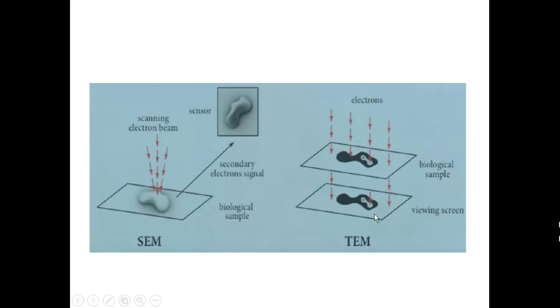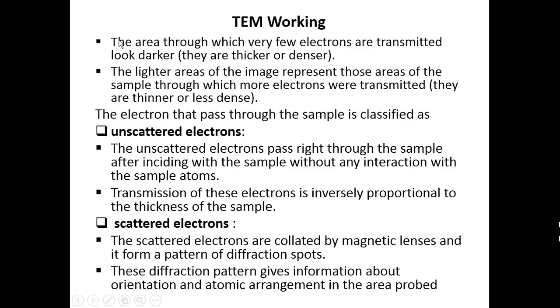Now we will see that the area through which very few electrons are transmitted looks darker. An area through which very few electrons are transmitted is somewhat thicker, that is, darker, and those areas are usually denser or thicker areas. That is why electrons cannot penetrate them completely. The lighter areas of the image represent those areas of the sample through which more electrons were transmitted.